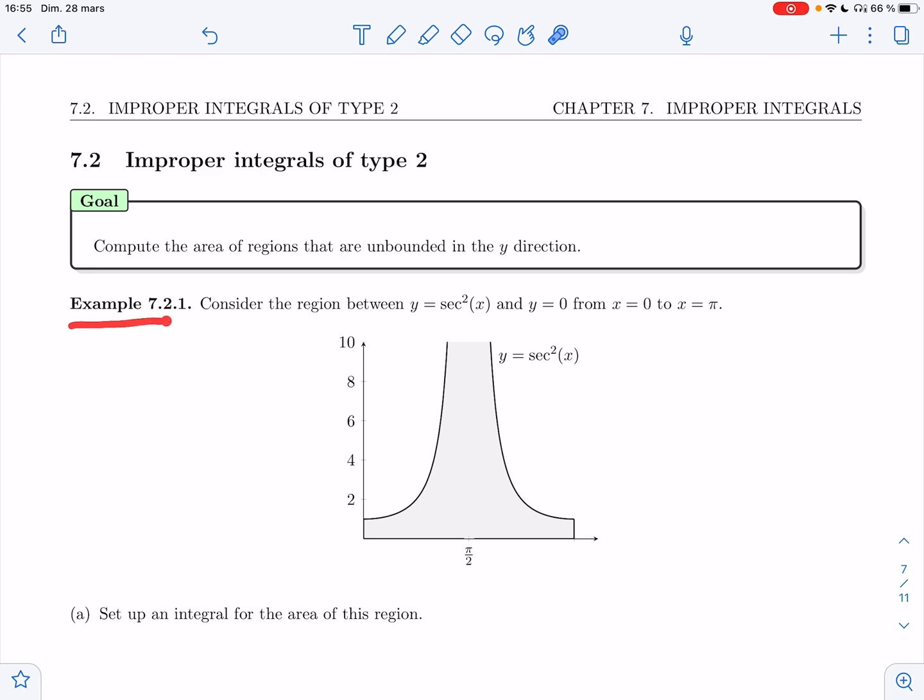Example 7.2.1, consider the region between y equals secant squared and y equals 0 from x equals 0 to x equals pi. So here I have my region. Notice that it keeps going.